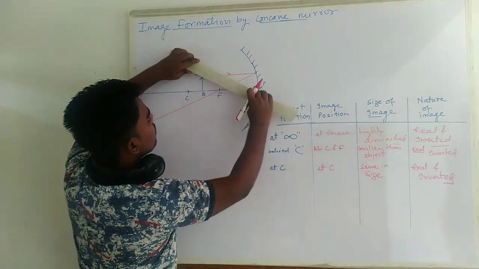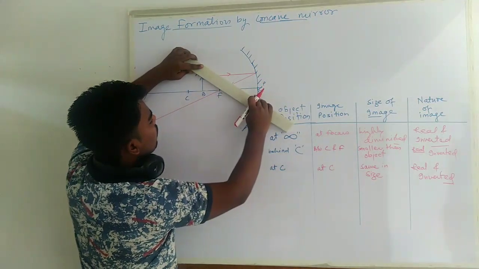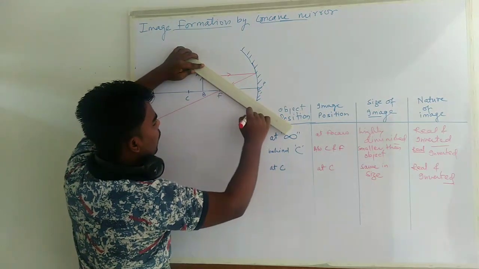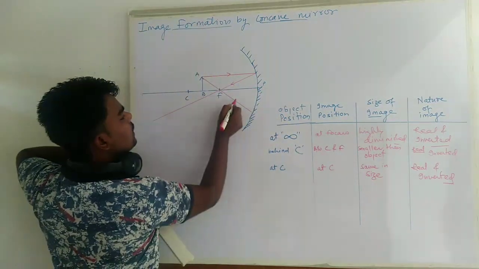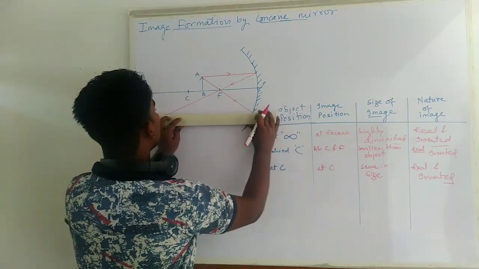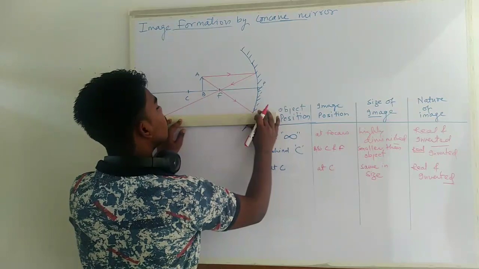So now here if we see this, we can draw the reflected light ray also. This is our incident ray. It is coming passing through the focus. After reflection it will go parallel to the principal axis.